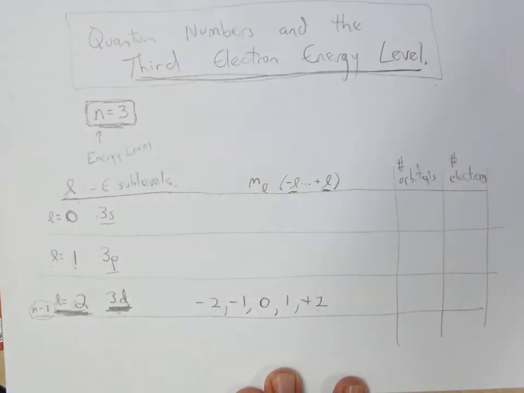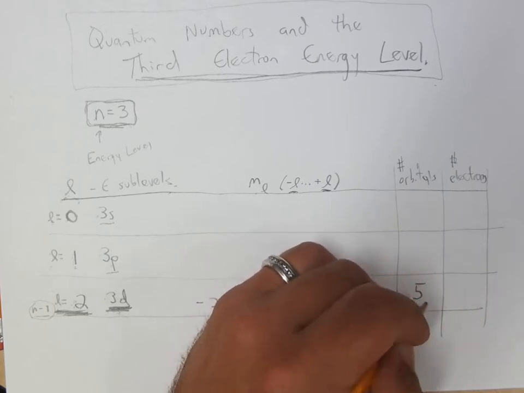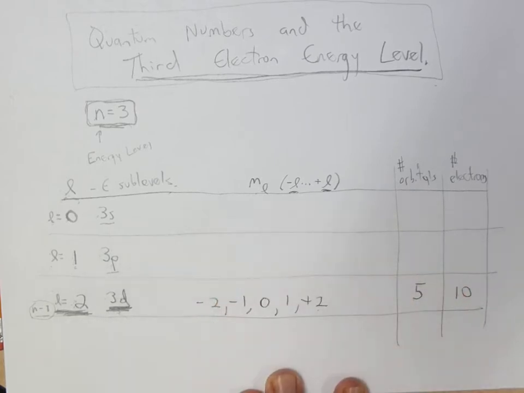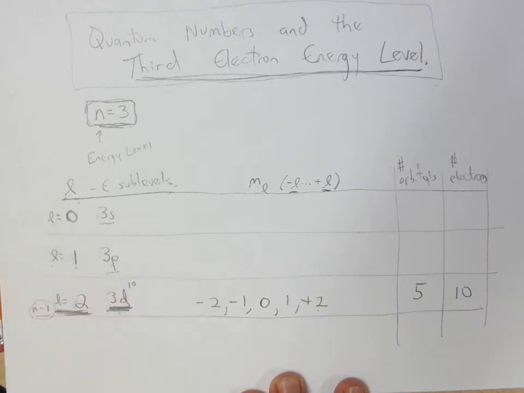For the 3D sublevel, we have 5 orbitals, and since each orbital can hold 2 electrons, one with up spin and one with down spin, then 5 orbitals would hold 10 electrons, and that's why you'll see people write 3d10 in filled sublevel electron configurations, because the 10 electrons can fit in the 3D sublevel.